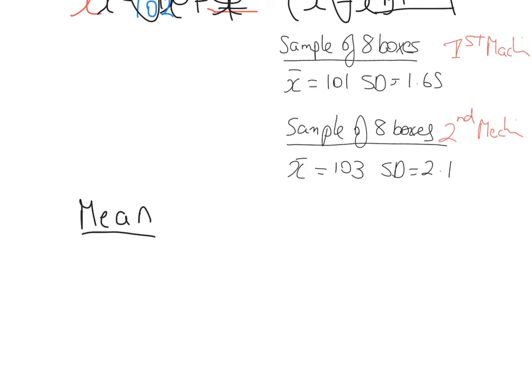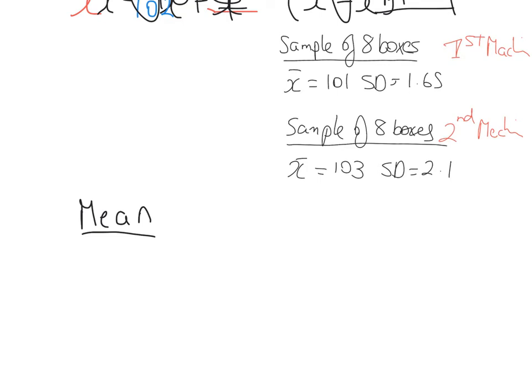Okay, so the mean is a measure of the typical value. Now, what we need to include in the question to make sure that we pick up the marks is the context of the question, which is machines that sort pins into boxes. We do a numerical comparison, and if we're talking about the mean, we comment on the average.